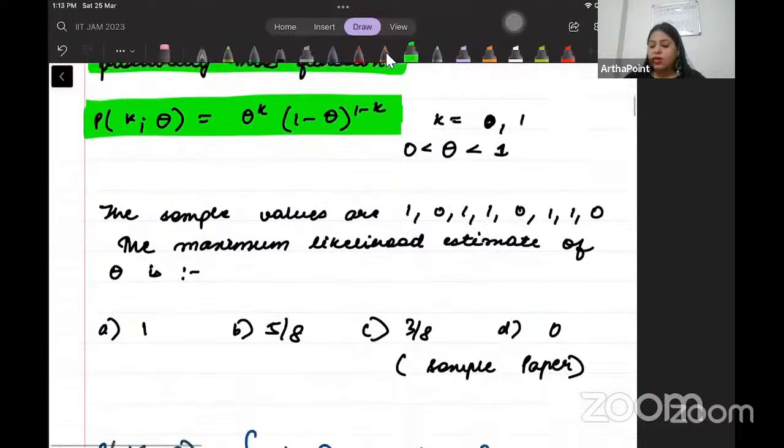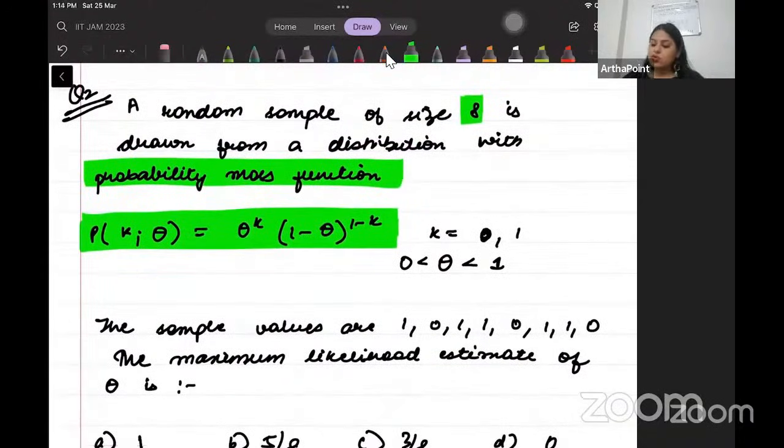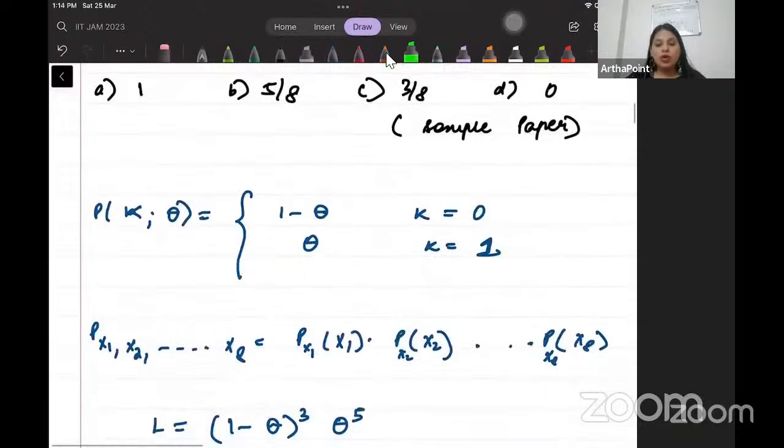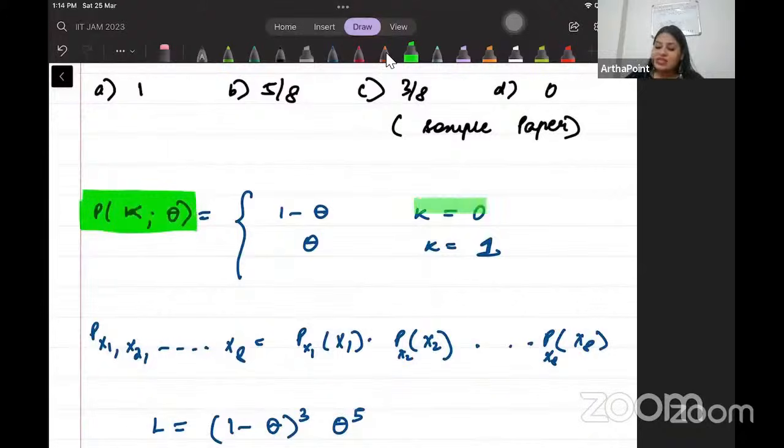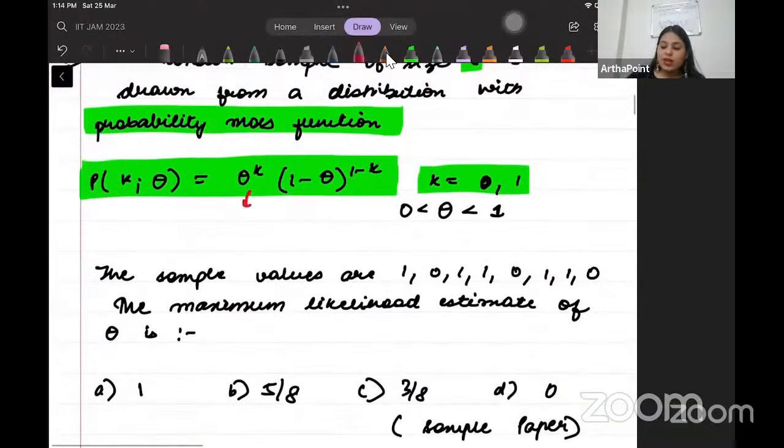But before I do that, I need to break it in a particular way. If you notice here, this is when K takes the value 0 and 1. So I'm going to rewrite this probability function. How? Look here very carefully. When K is 0, if I put K as 0, what will I get?